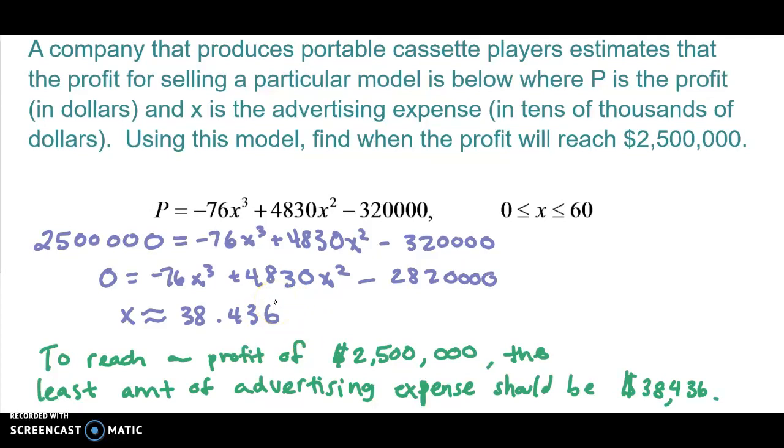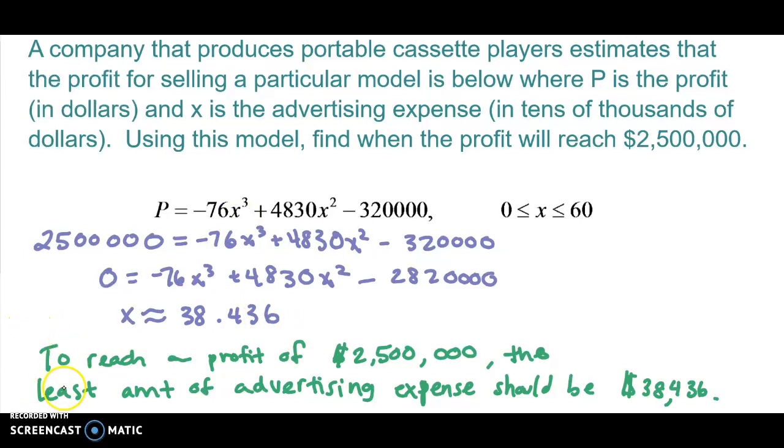Now, if you did this correctly and you plot this into your calculator, you would have noticed that there were two x-intercepts. However, we're trying to spend the least amount of advertising expense, right? That just makes sense. I could spend potentially two and get the same profit, but of course we want to spend the least amount. So that's why I chose that smaller x value.